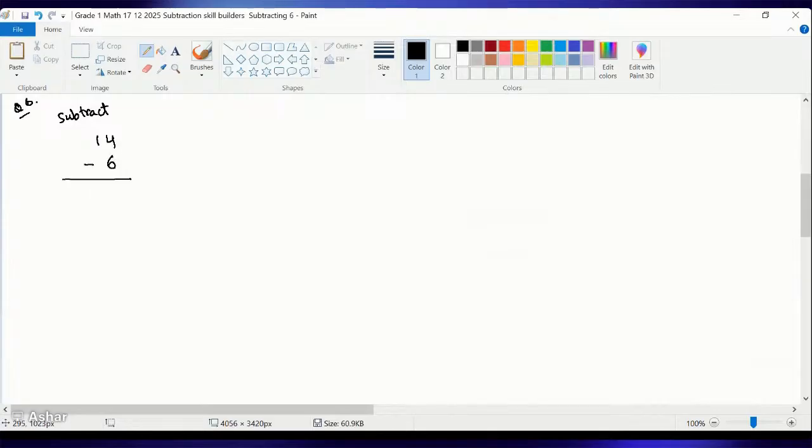This question is exactly like the previous question. In the previous question, it was written as subtract 14 minus 6. They both are exactly the same question.